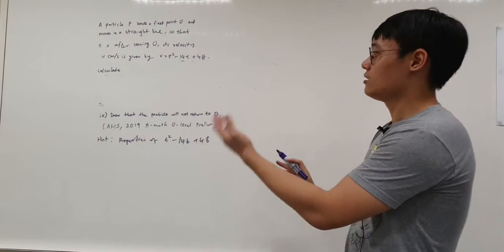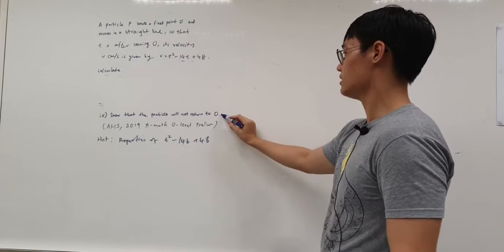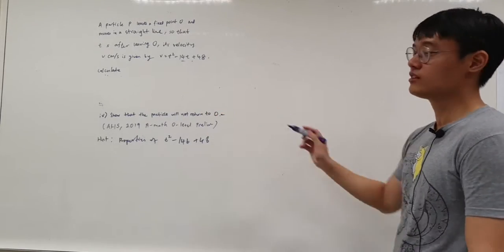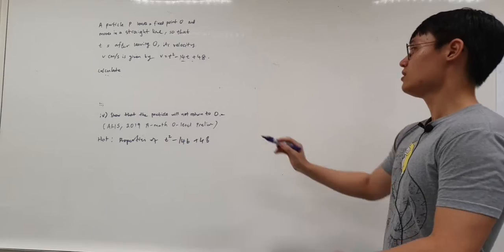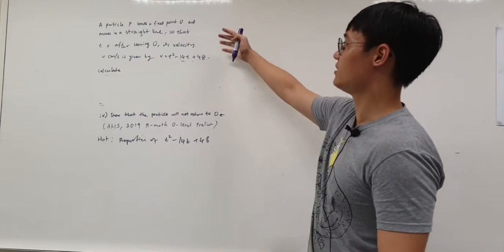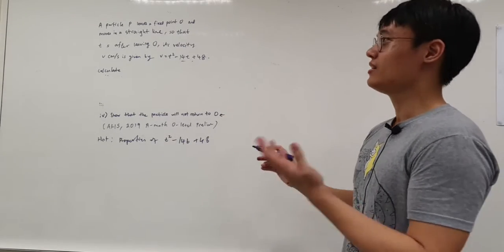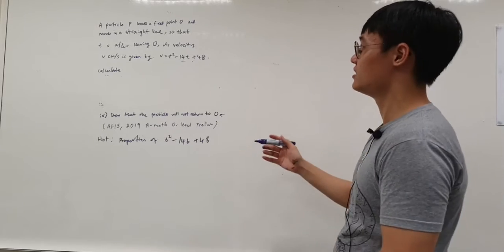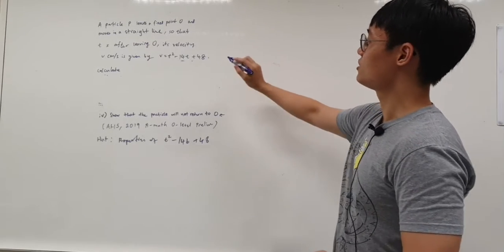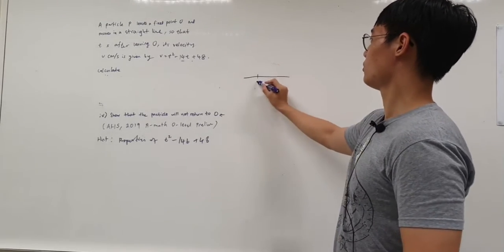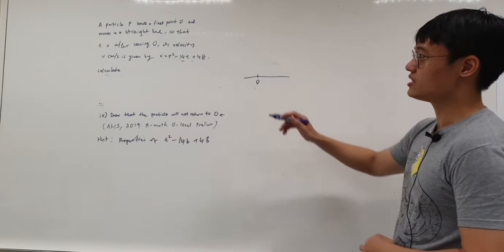So let's try to solve this question. Show that the particle will not return to O. Let's try to visualize the particle's movement. The particle leaves a fixed point O and moves in a straight line.